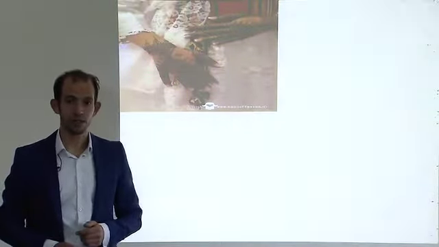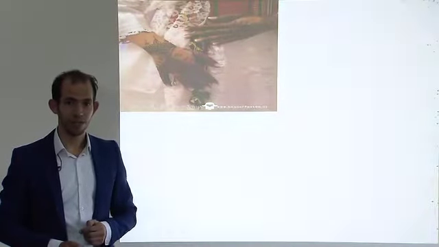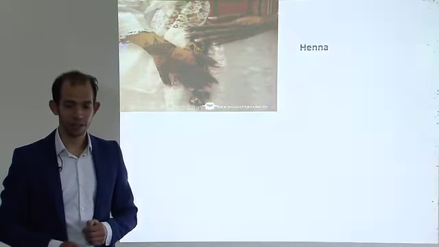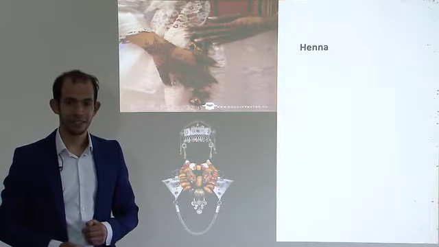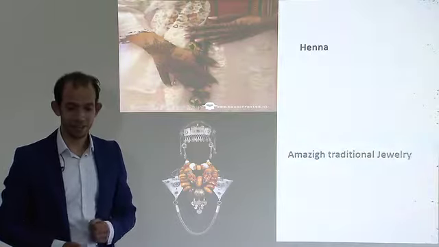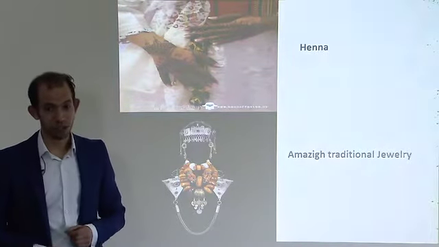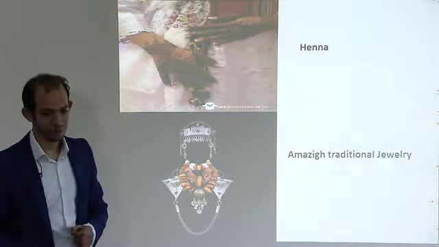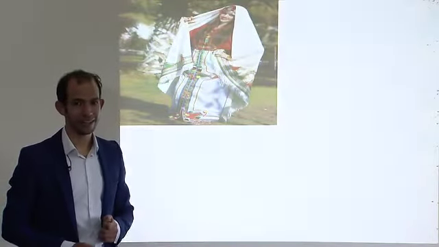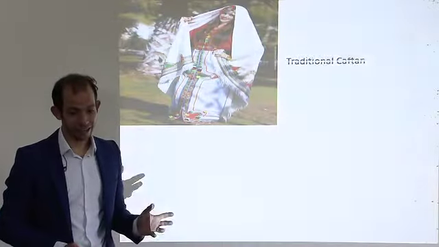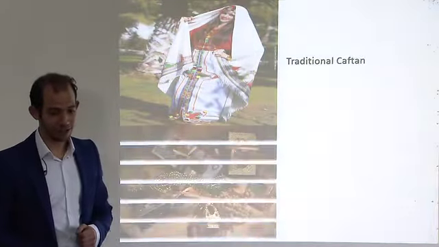What do you see here? It's a natural dye called henna. And what do you see here? Yes, it's Amazigh traditional jewelry. And again, what do you see here? What is this woman wearing? It's a traditional kaftan. Very good.